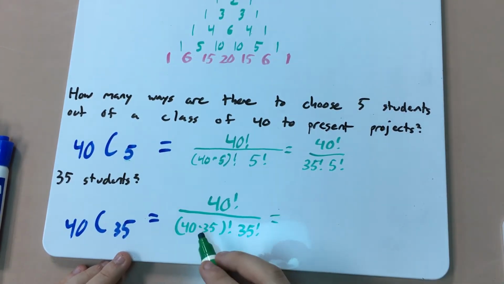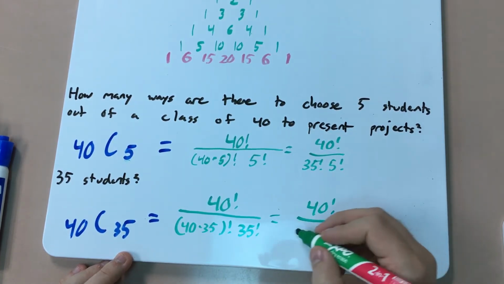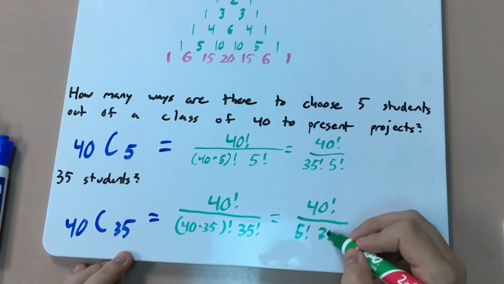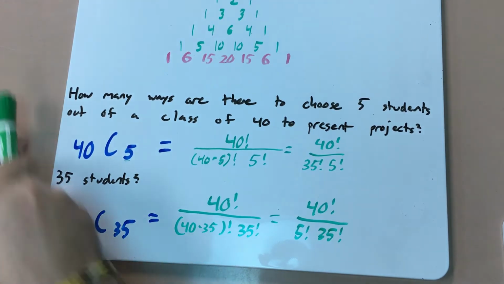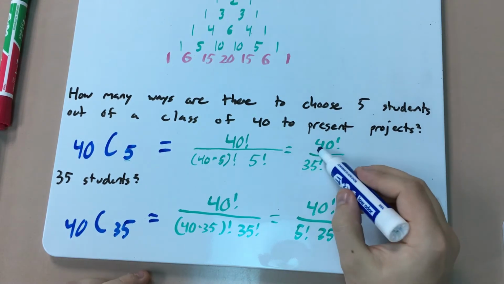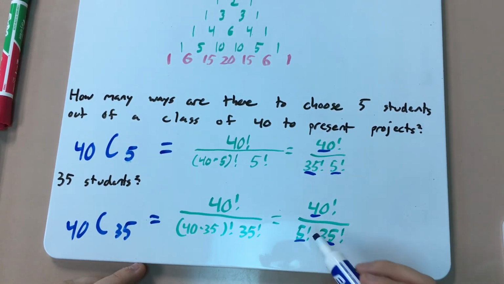And now if I evaluate this in parentheses and write this out, we have 40 factorial in the numerator, 5 factorial times 35 factorial in the denominator. Now I chose these numbers intentionally in order to show that we have 40 factorial, 35 factorial, and 5 factorial in both of these expressions.